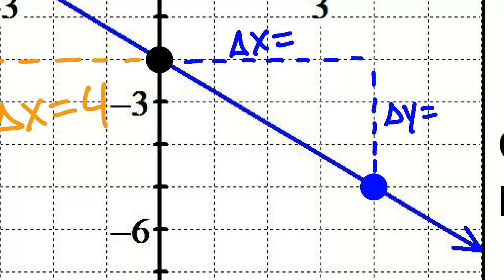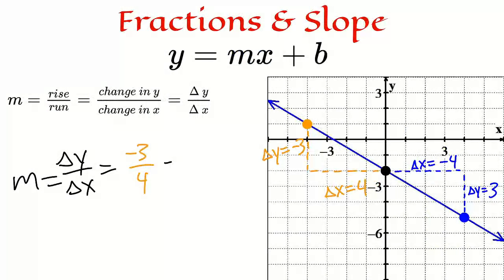Anybody? Delta y there? Yep. And our delta x? Negative 4. So here, this could also be thought of as up 3 to the left 4.